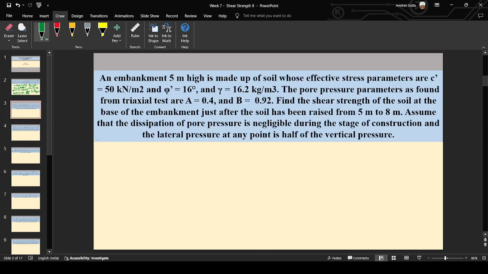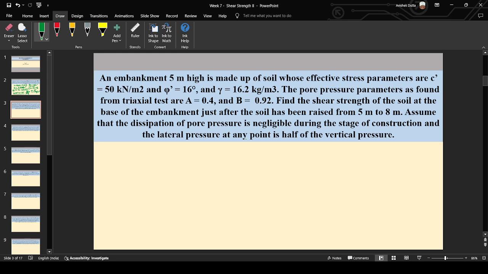Yes. An embankment 5 meter high is made up of soil whose effective stress parameters are c dash equals 50 kN per meter square, sorry, and phi dash equals 16 degrees, and gamma equals 16.2 kN per meter cube. The pore pressure parameters as found from triaxial test are A equal to 0.4 and B equal to 0.92.